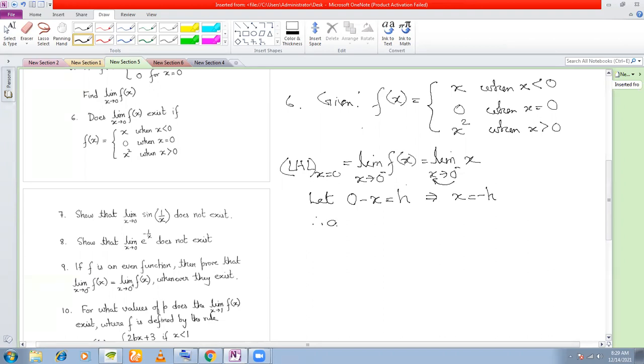Therefore, as x tends to 0 minus, h must tend to 0. Now we change everything in terms of h. So left hand limit at x is equal to 0 is equal to limit h tends to 0 and x is minus h. Now you can put the value of h to be 0 to get 0 here.